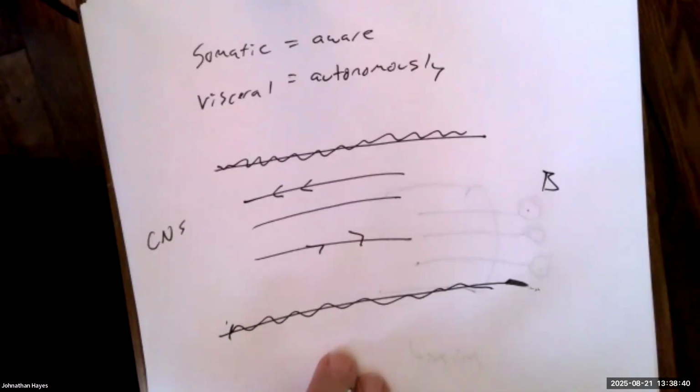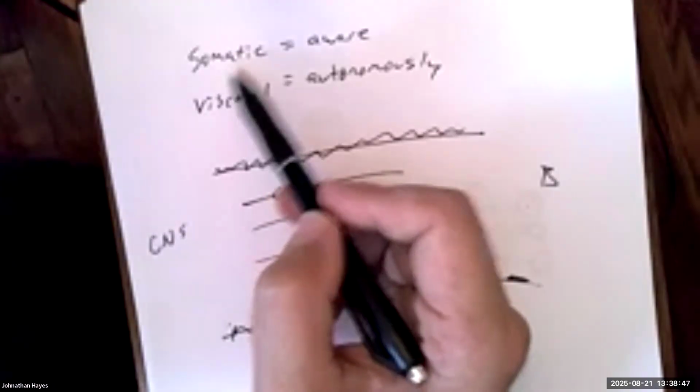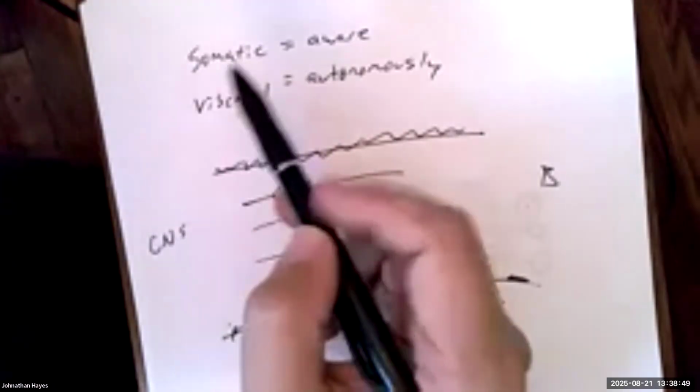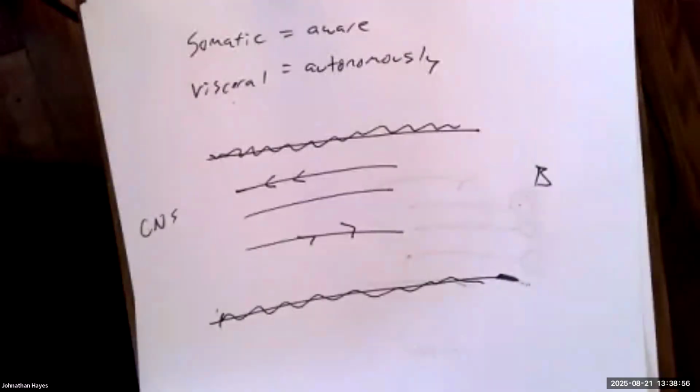So to determine whether something is traveling along a somatic motor or visceral motor, somatic afferent, visceral afferent, you just have to ask yourself a couple of questions. So let's look at the terminology real quick again. If you see somatic afferent, just break the word down.